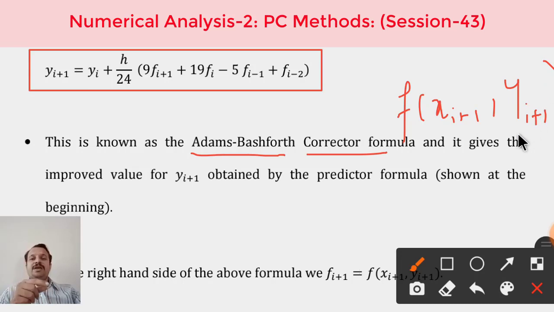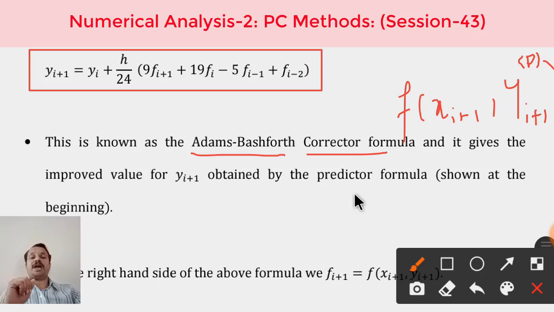Yes, it is possible because we have the previous value of y_{i+1} from the predictor formula, which has given us y_{i+1} with superscript p. We can substitute it here and we can get the value of f_{i+1}.